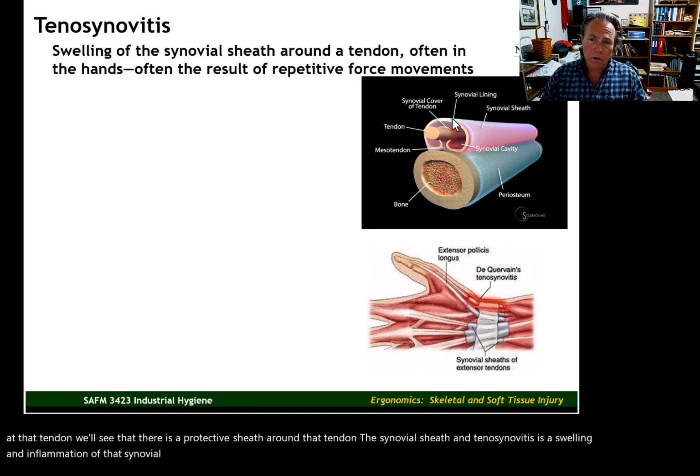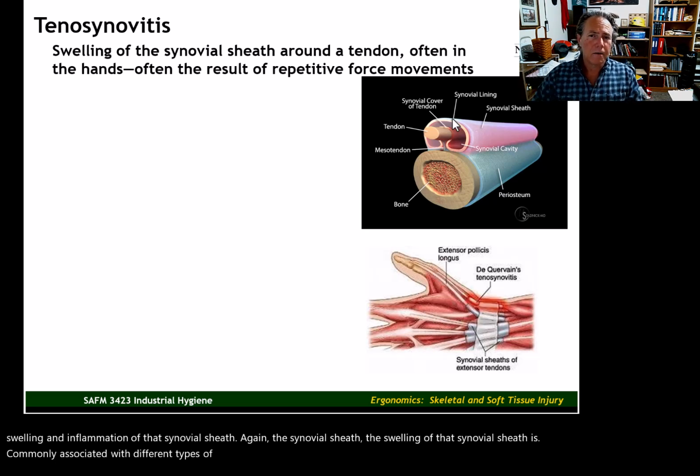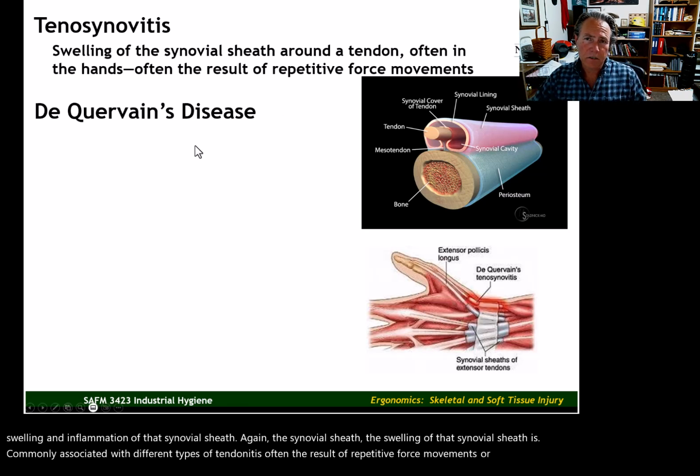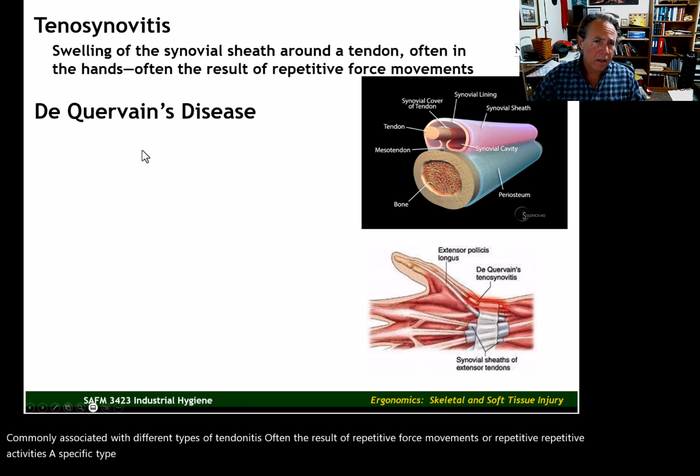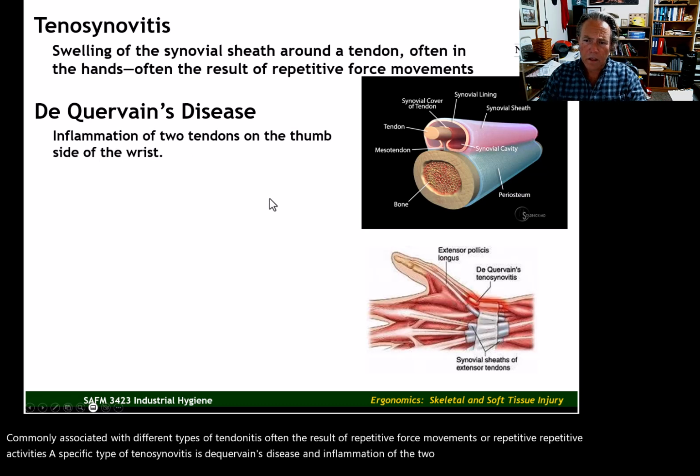Again, the swelling of that synovial sheath is commonly associated with different types of tendinitis, often the result of repetitive force movements or repetitive activities. A specific type of tenosynovitis is de Quervain's disease, an inflammation of the two tendons on the thumb side of the wrist.